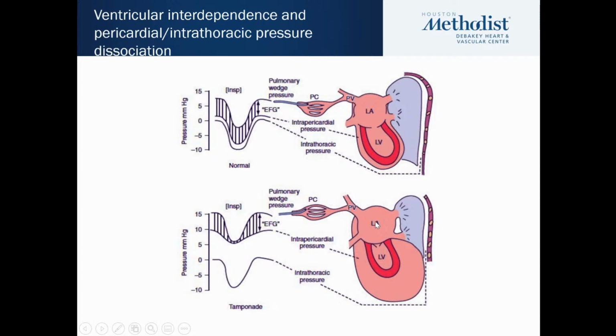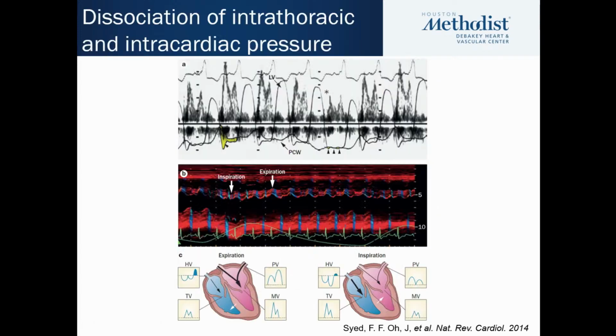And that's going to manifest on echocardiography as changes in your Doppler parameters of the pulmonary veins, the mitral valve, and conversely on the right side of the heart with the hepatic veins and the tricuspid valve. So that's one key important aspect to keep in mind, which is that the pressures in the thoracic cavity and the intracardiac pressures have now become separate from each other in their interactions.